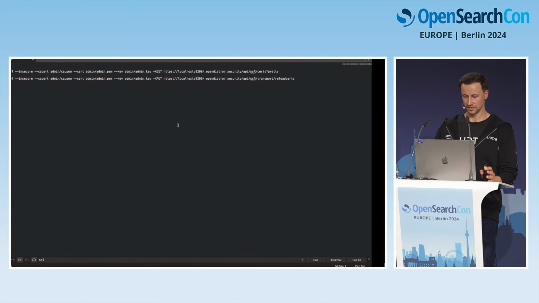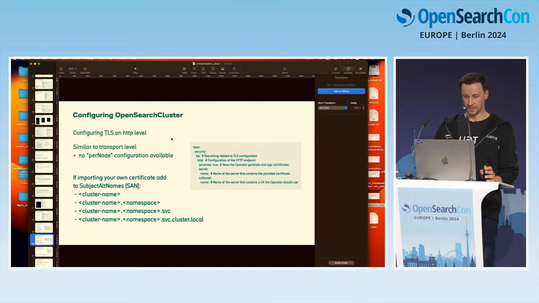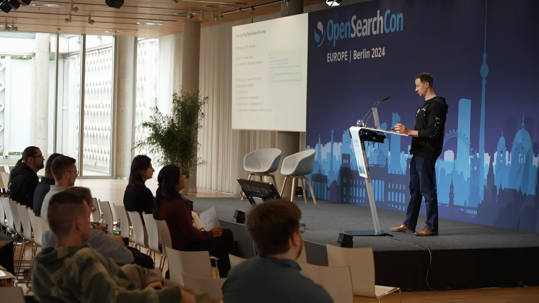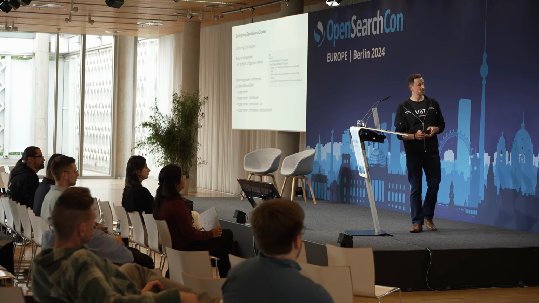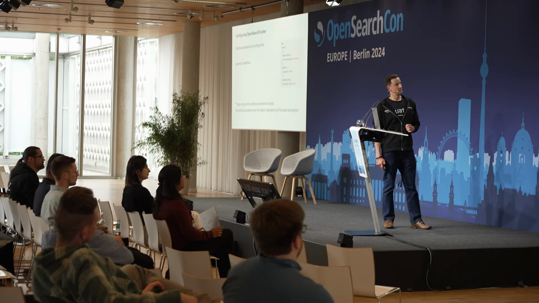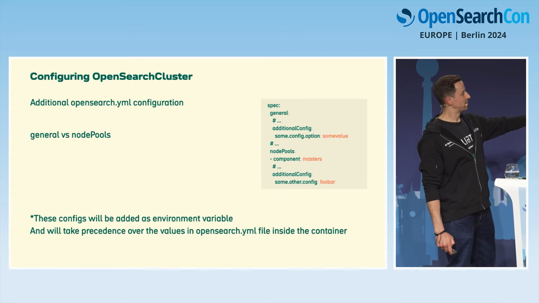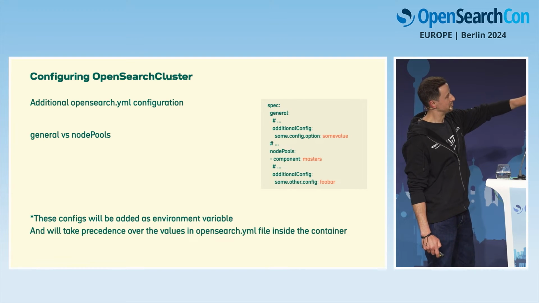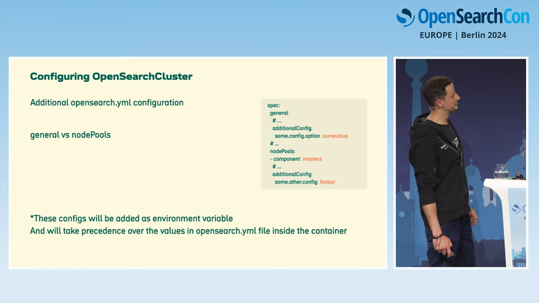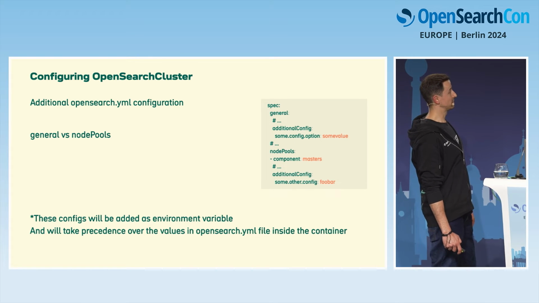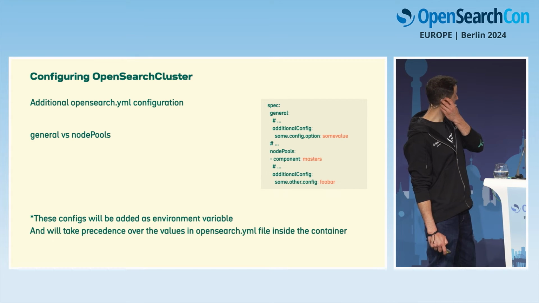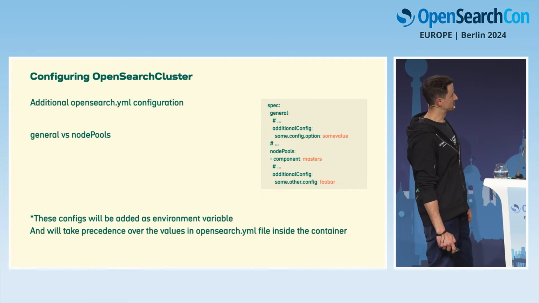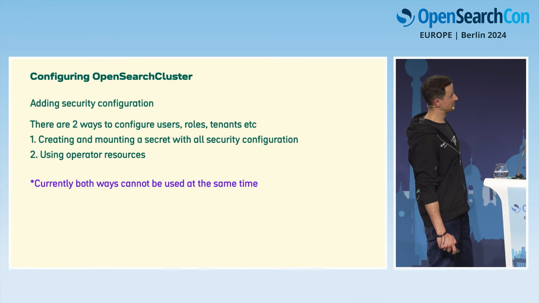So I just wanted to show you this in case you come across it and you will remember this talk and you say, oh yeah, I know exactly where it is. So yeah, this is why I wanted to hide the bottom part as an environment variable. So we have the additional configuration per node, per node pool generally, and then the very same for the OpenSearch dashboards file, which is on the next slide, I believe. Okay.